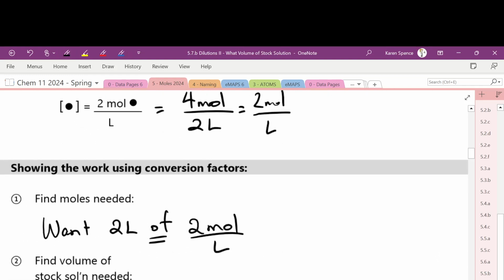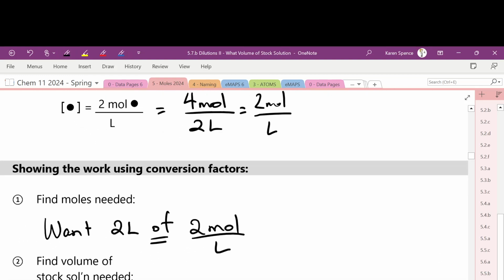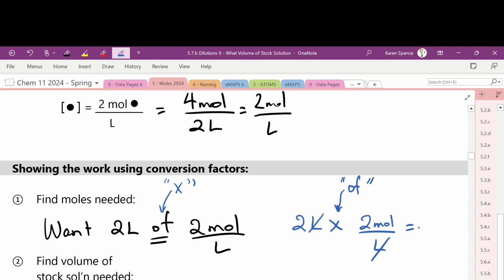How would we write that mathematically? Yes? I need to have 4 moles.